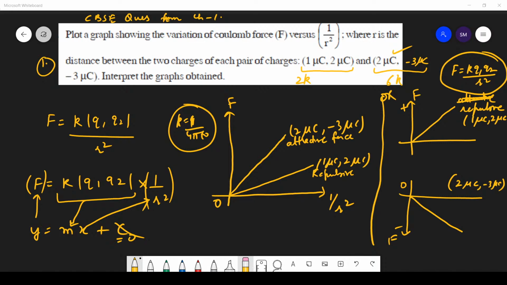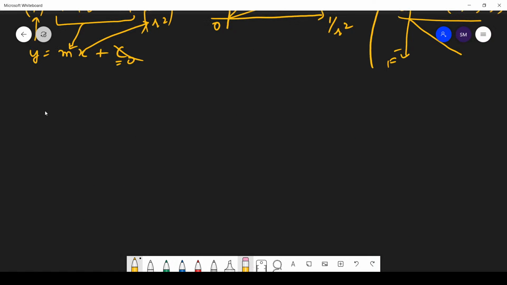Now the next question that can be asked in the exam is: why do electrostatic field lines not form closed loops? Second question.